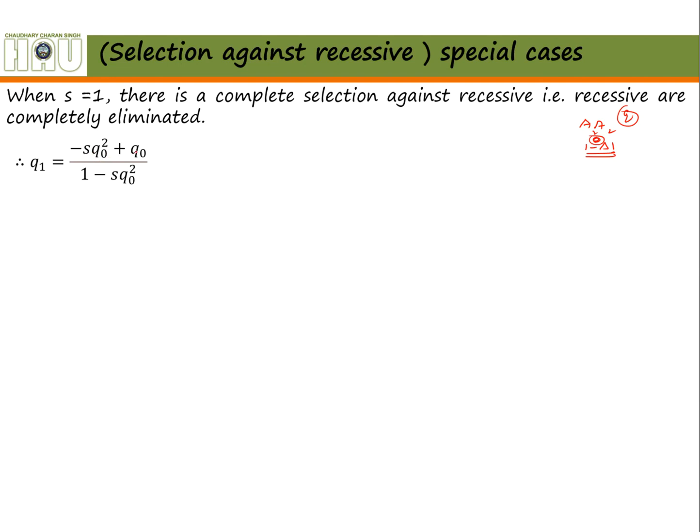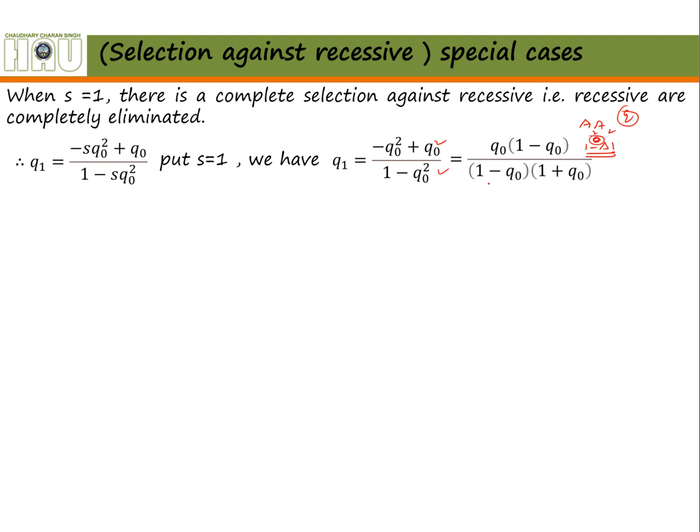And under such condition, your q1 will be equal to minus Sq0 square plus q0 upon 1 minus Sq0 square. If I put S equal to 1, what I will get? q1 is equal to minus q0 square plus q0 upon 1 minus q0 square. And if I take q0 common from the upper side, you will get 1 minus q0, and now this cancels out.